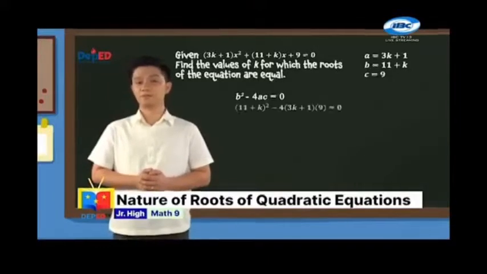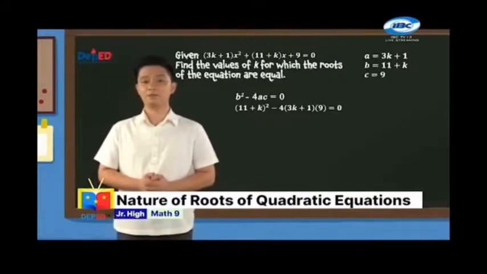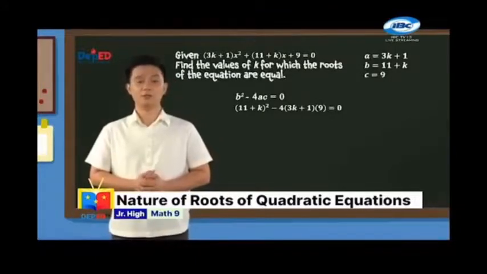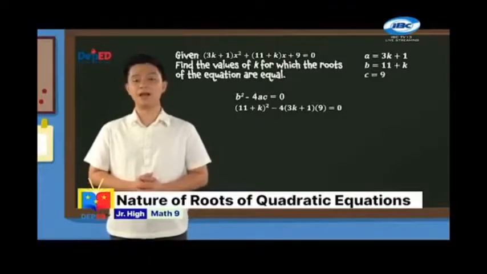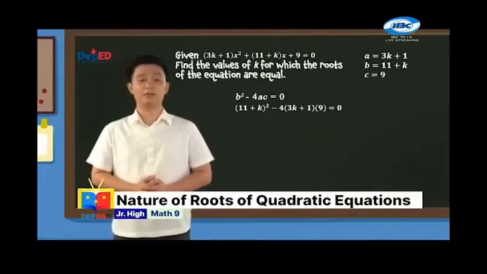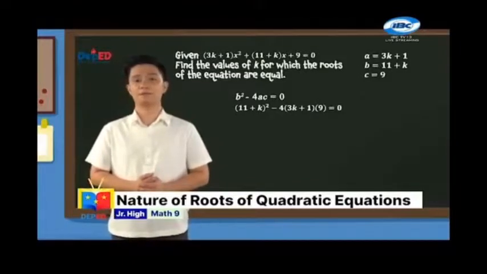It is the square of the quantity 11 plus k minus the product of 4, the binomial 3k plus 1, and 9 equals 0. But what is the square of 11 plus k equal to? What about the product of 4, 3k plus 1, and 9?